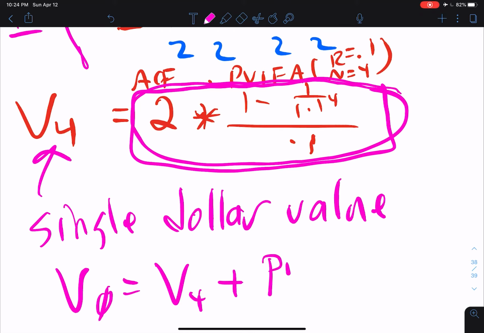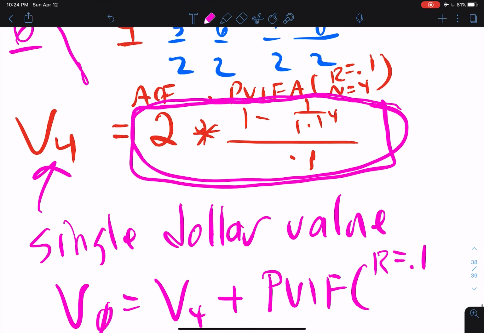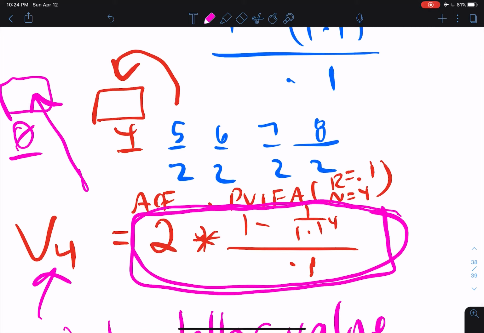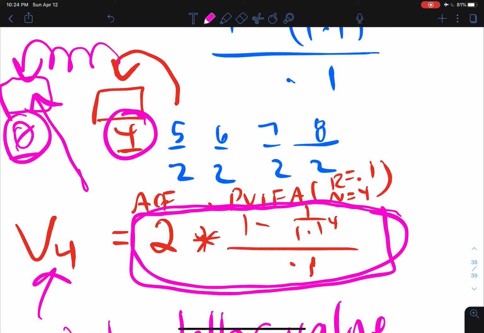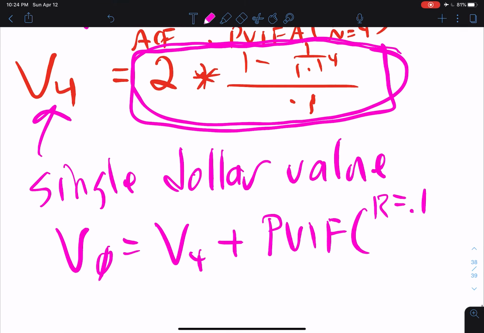multiplied by a present value interest factor. We'll assume our opportunity rate of return is still 10% per period. And then how many periods do we have to go back in time to go from 4 to 0? Well, obviously it's 3, 2, 1, 0. We have to go back 4 periods. So this PVIF will be R equals 0.1, N equals 4.